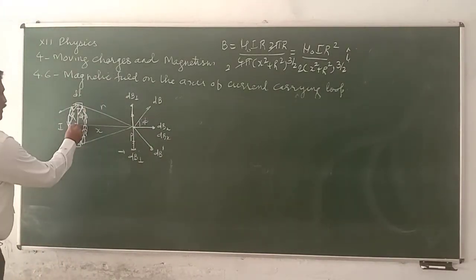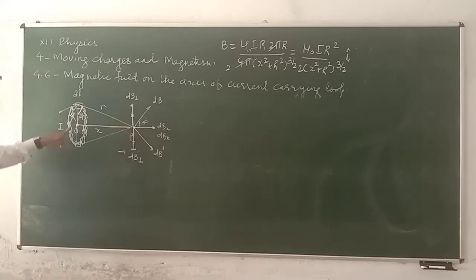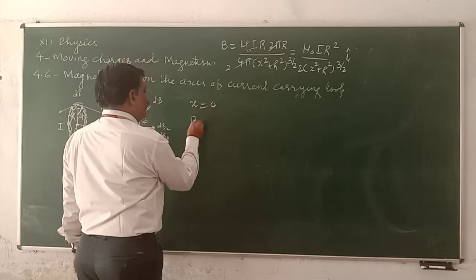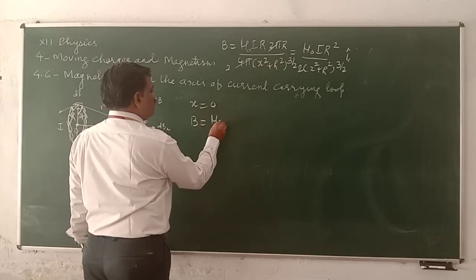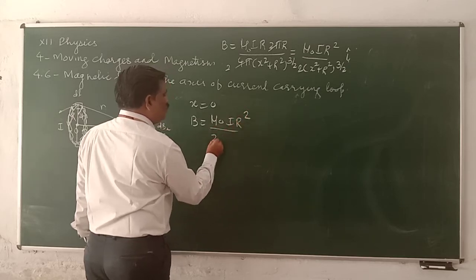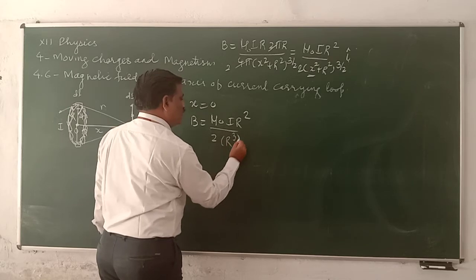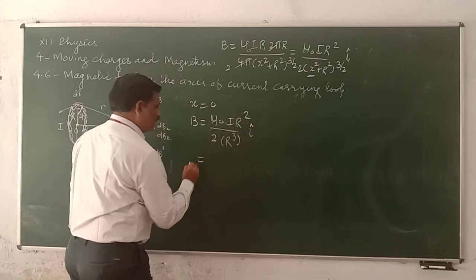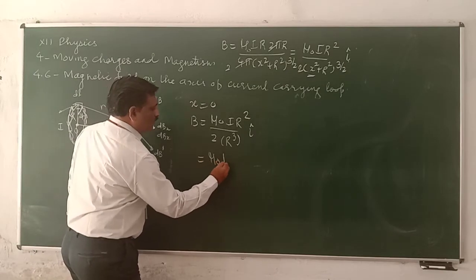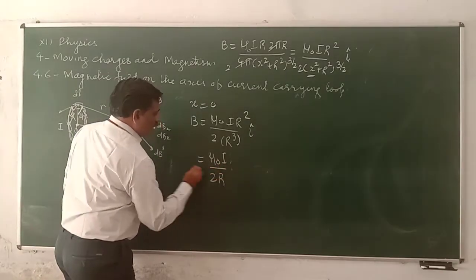Then at the center, x becomes 0. At this center point, x is equal to 0, B is equal to mu 0 I r square upon 2, r cube, into i cap, which is equal to mu 0 I divided by 2r.